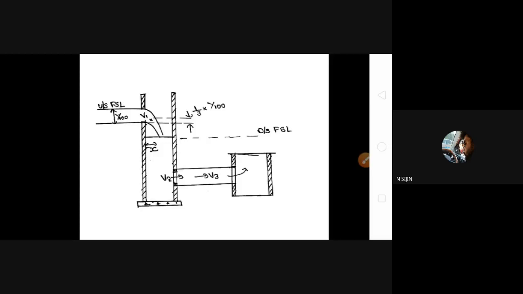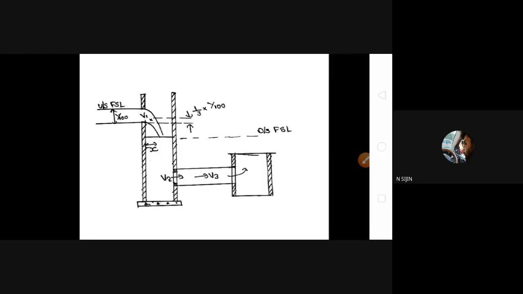Okay, 162.83. The FSD, or full supply depth, is 0.75. So upstream FSL equals 162.83 plus 0.75, which is 163.58.